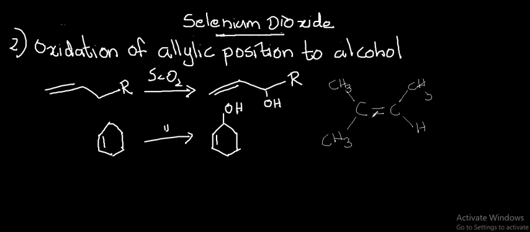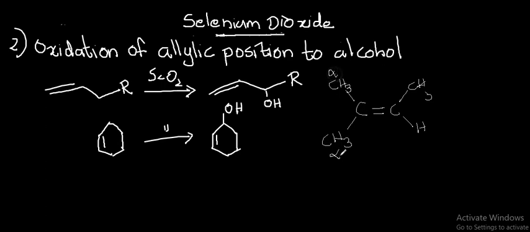The first rule postulates that the highly alkylated sp2 hybridized carbon, this is the highly alkylated sp2 hybridized carbon, preferentially undergoes oxidation, which means either this CH3 group or this CH3 group gets oxidized into alcohol, and this is our allylic position.